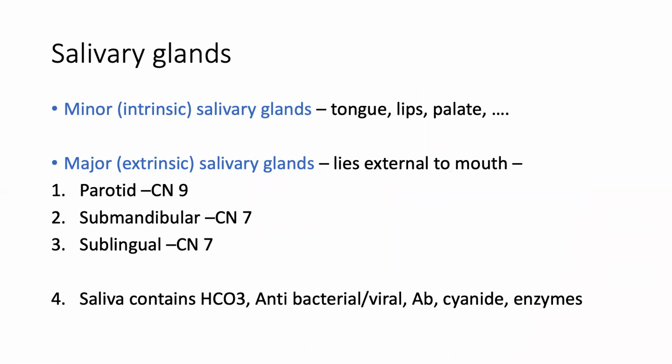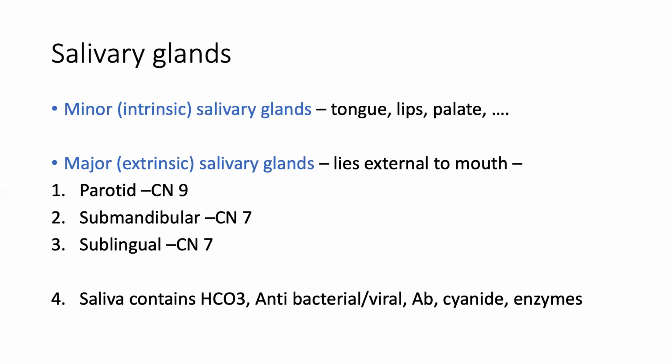Salivary glands. So salivary glands are divided into major and minor salivary glands. Minor salivary glands are present in the oral cavity, in the tongue, lips, and palate, and they just secrete saliva into the mouth. Major salivary glands lie external to the mouth.